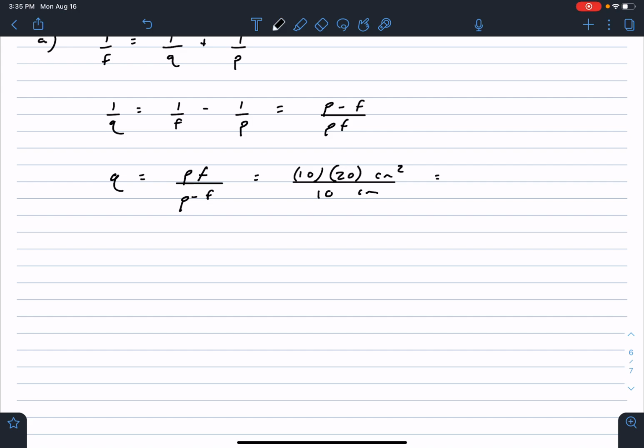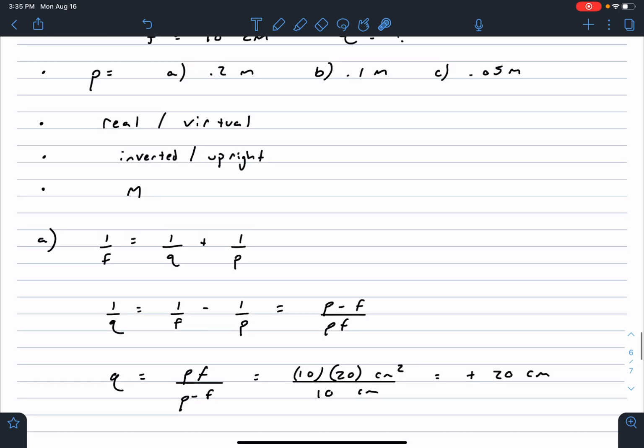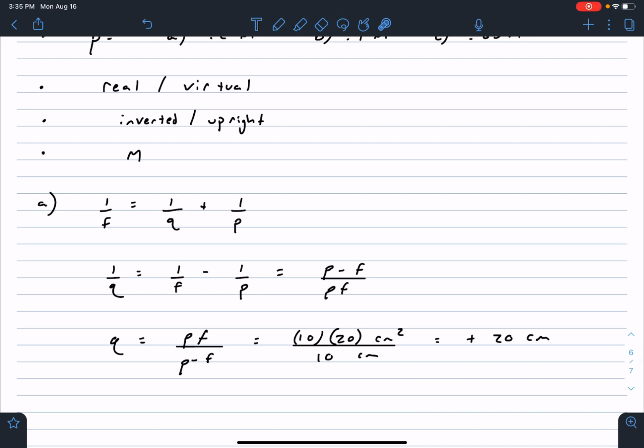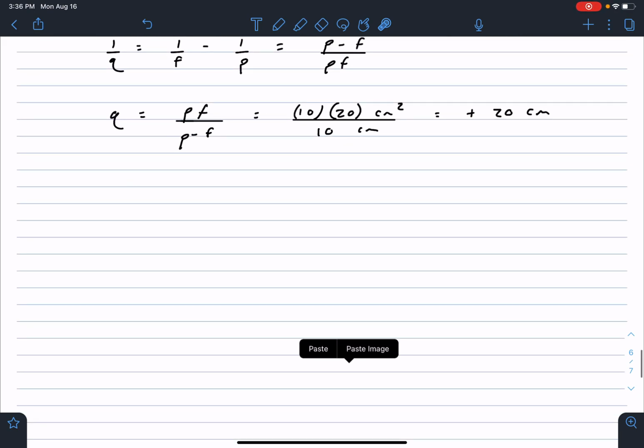This is going to be positive 20 centimeters. Because our Q value is positive, we can identify one of the things we're asked. For Q greater than 0, we have a real image as opposed to a virtual one.